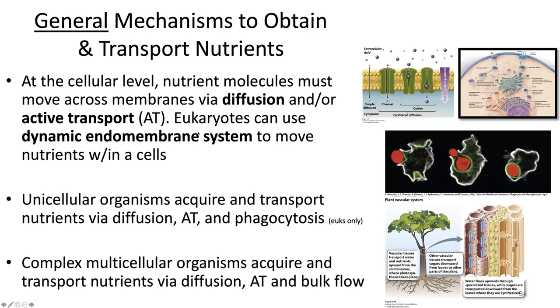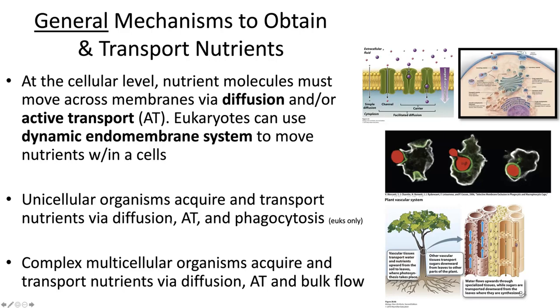When we talk about complex multicellular organisms and how they acquire and transport nutrients, they also use diffusion and active transport. Remember, these complex multicellular organisms have to transport nutrients into and out of each of the individual cells that are living and metabolizing throughout the entire organism.